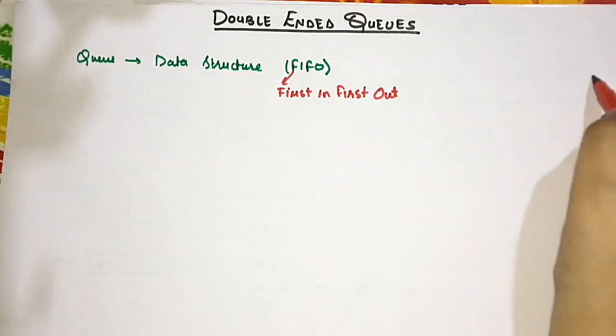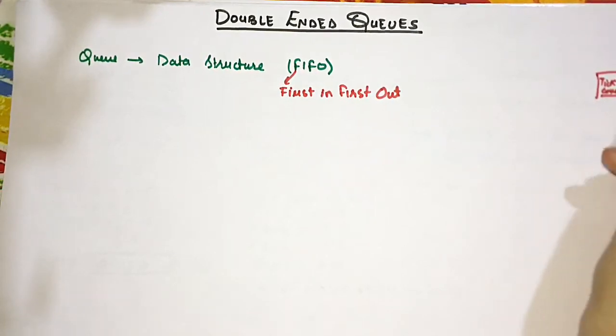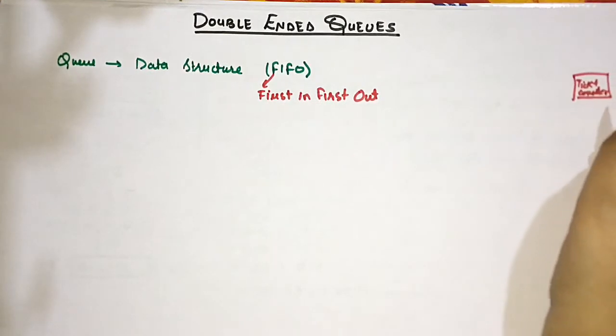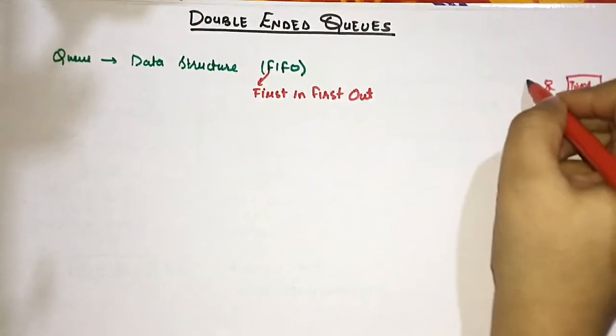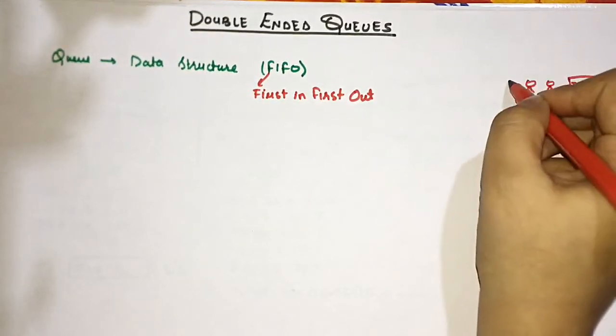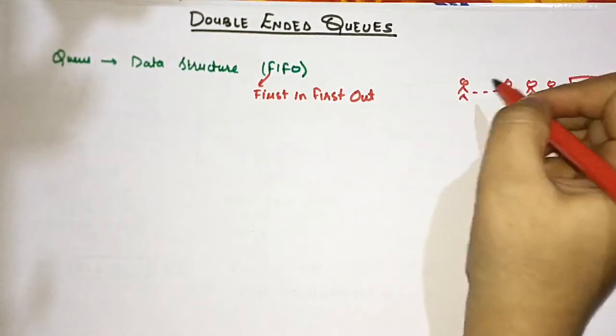Suppose this is a ticket counter and there is a line of people standing to get the ticket. Person number 1, person number 2, person number 3 and so on, nth number.